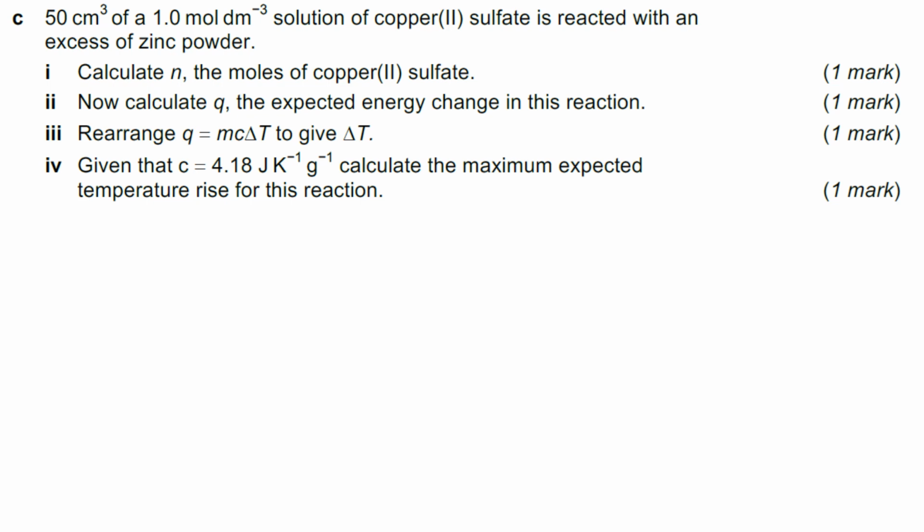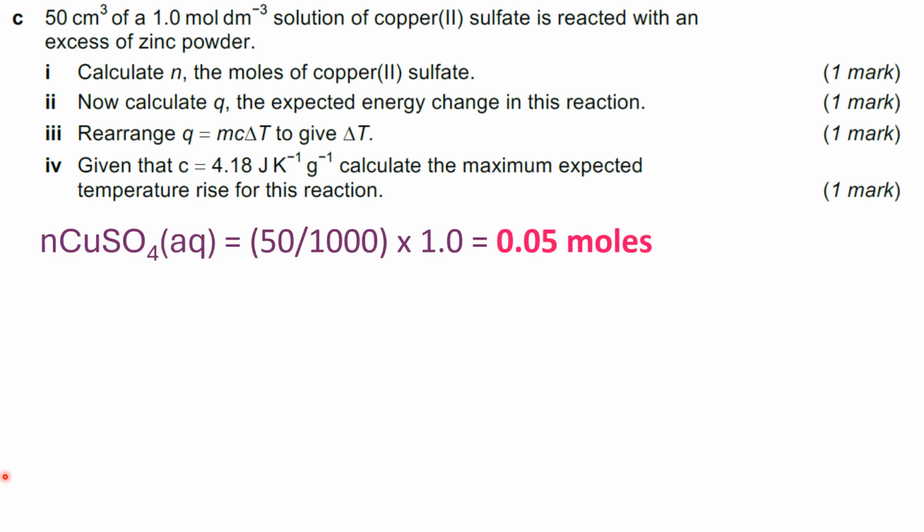So in this part of the question, they tell you that 50 centimeters cubed of a 1.0 moles per decimeter cubed solution of copper 2 sulfate is reacted with an excess of zinc powder. So calculating n, the moles of copper 2 sulfate, you do n equals c times v. And that gives you 0.05 moles. They want us to calculate q, the expected energy change in this reaction.